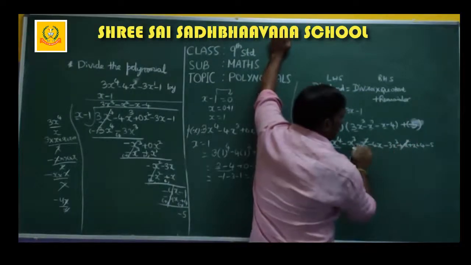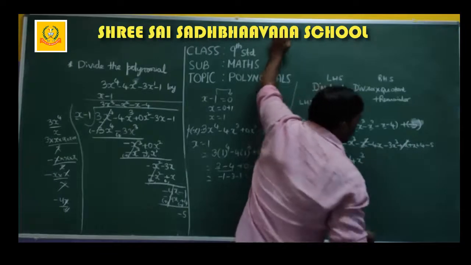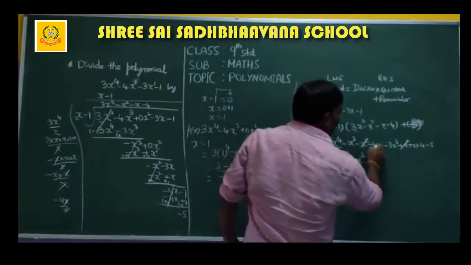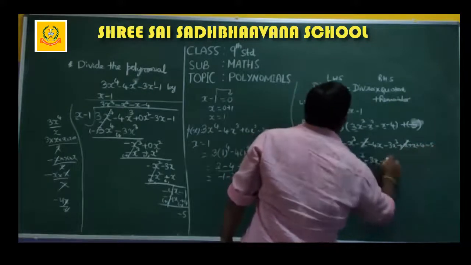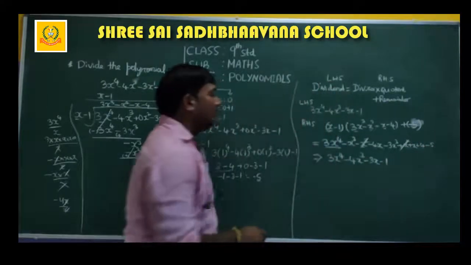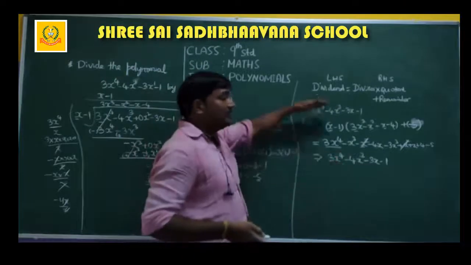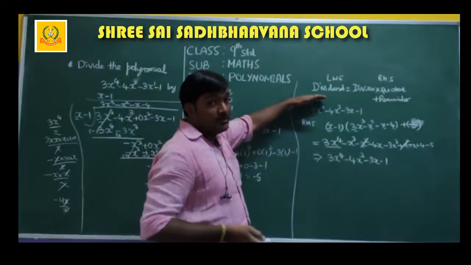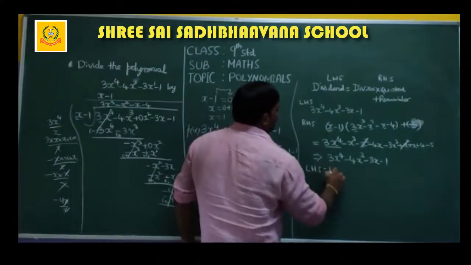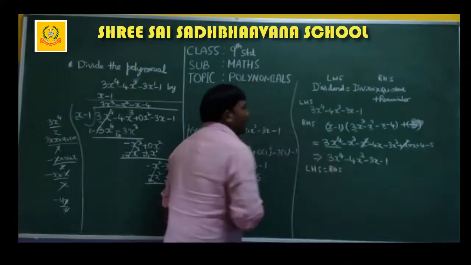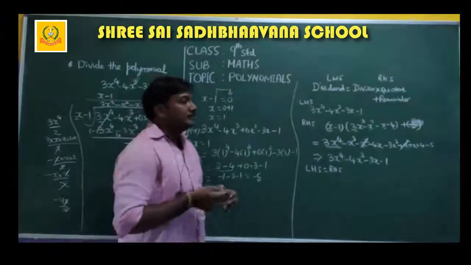Okay, because of same terms with different sign, we can cancel, right? Minus 4x plus x is minus 3x, and 4 minus 5 is minus 1. Just check RHS with LHS. Are they equal? Yes, they are equal. So LHS and RHS are equal. So we can say that our polynomial division is correct.